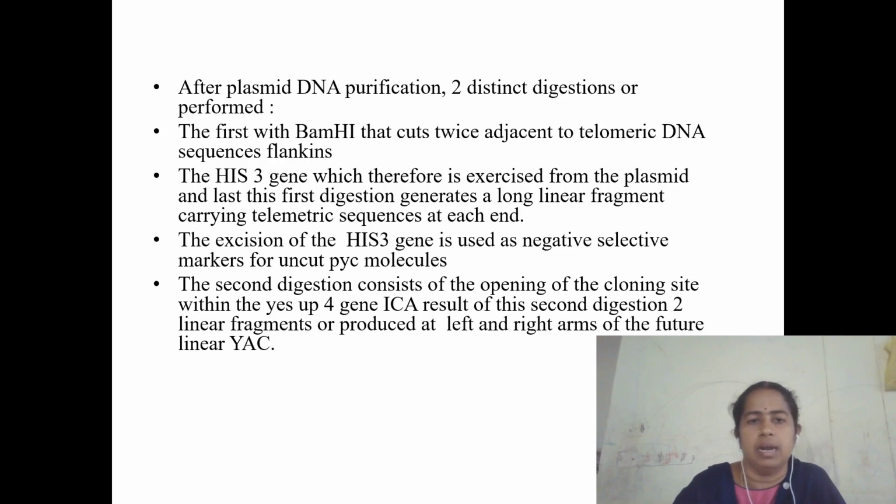After plasmid DNA purification, two distinct digestions are performed, one with BamHI and another with HIS3. The second digestion, the opening of the cloning site, is with the other enzyme, and linear fragments are produced as the left and right arms of the future linear YAC.